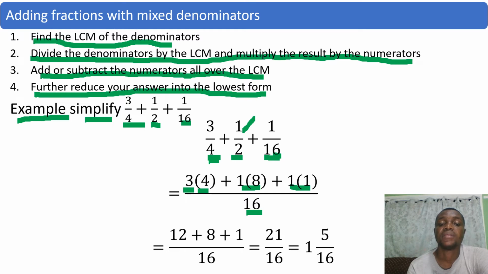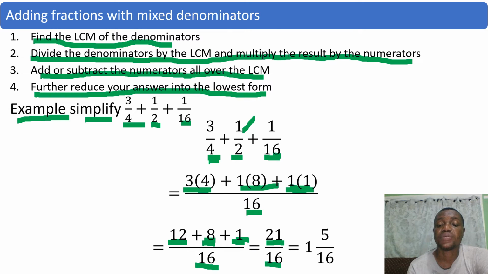Then we multiply. 3 times 4 will give us 12. 1 times 8 will give us 8. 1 times 1 is 1, all over 16. Then we add: 12 plus 8 plus 1 will be 21 over 16.